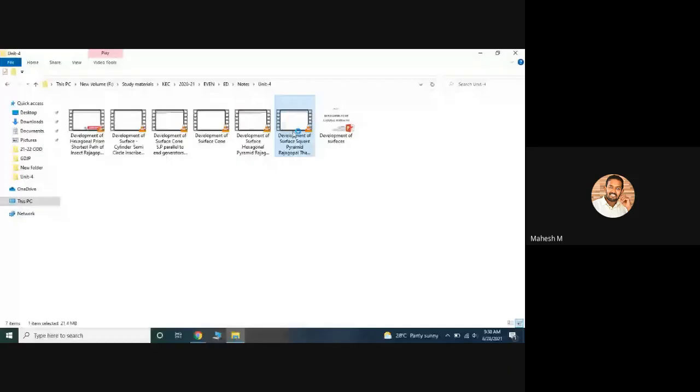It is a square pyramid. Okay, so the square pyramid of base 35 mm and axis 70 mm long rests on its base on HP such that two adjacent sides of the base are equally inclined to VP.